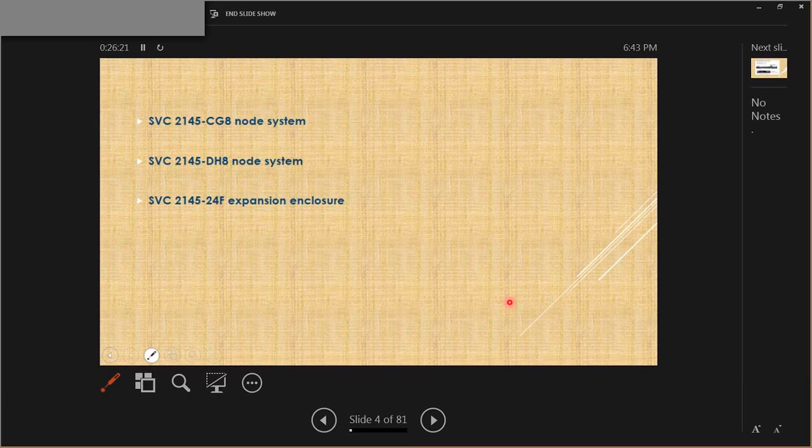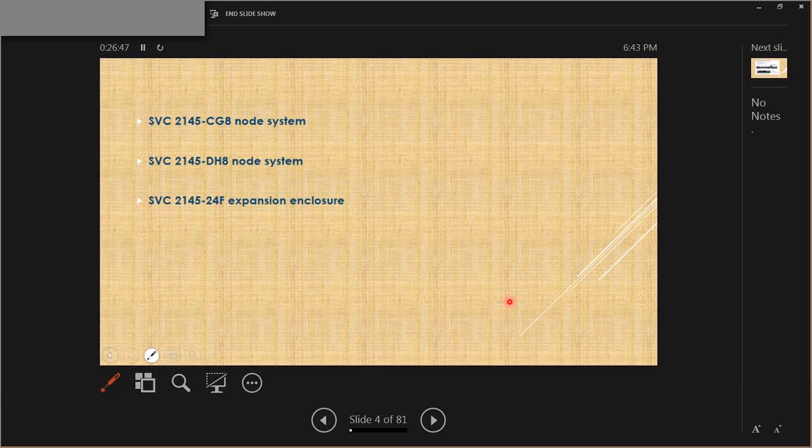Just a point to add, these are not the only SVC models available. SVC is currently in its 8th generation. There are quite a few older generation models which we might not cover here, but the functionality remains the same. The latest models offer a little more in the form of compression, more memory, etc. We will come to those points as we progress through the slides.